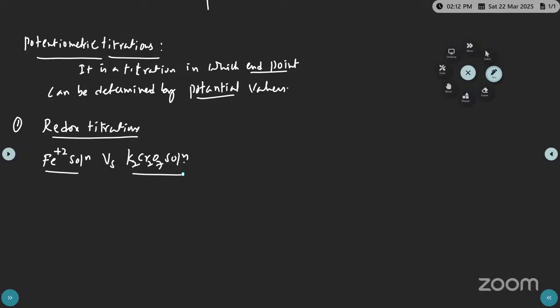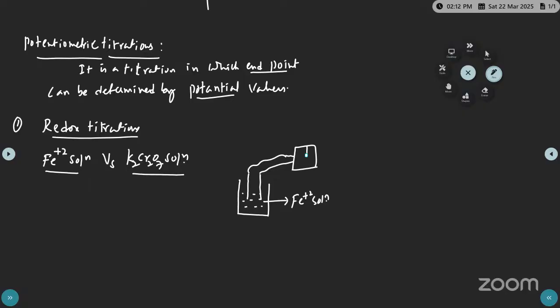Okay, so take the Fe+2 solution in a small beaker, and in this solution keep the two electrodes. One is the working electrode and another one is the reference electrode. And these two electrodes are connected to a device which measures the EMF.